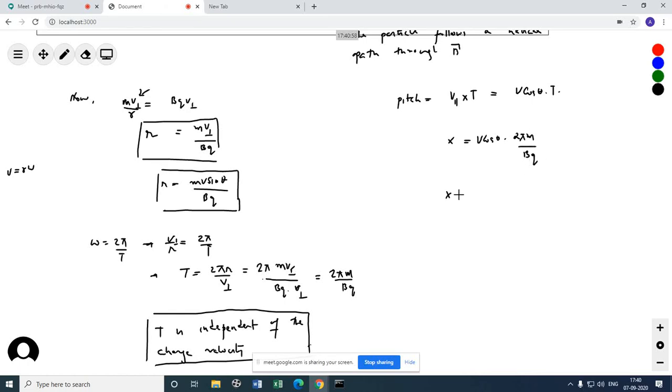Here v is the velocity with which it enters, so pitch depends on velocity. But remember, this is a 1 mark knowledge based, tricky question, so I'm highlighting it: the time period is independent of velocity.